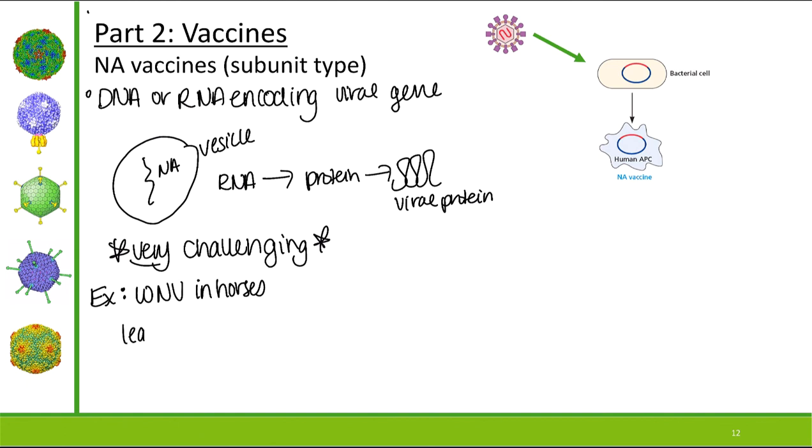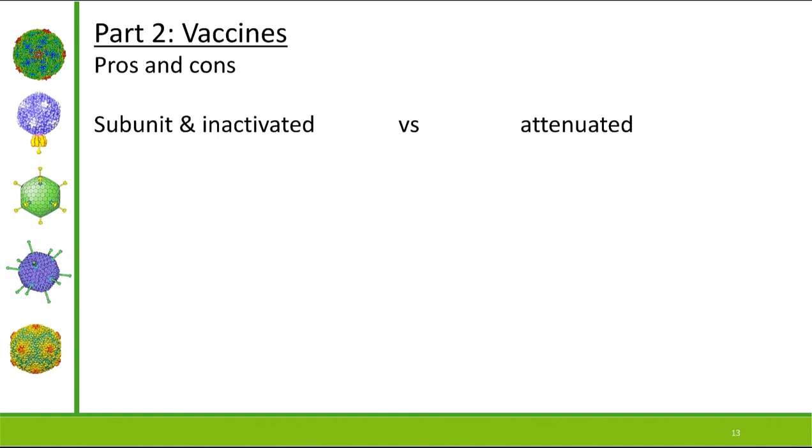Right now, there are leads, so this is for humans, for HIV and hepatitis C virus. And as we will see, for the current coronavirus as well. So we'll come back to that. But again, we don't have vaccines that are FDA approved yet in humans that are nucleic acid vaccines due to how challenging this approach is.